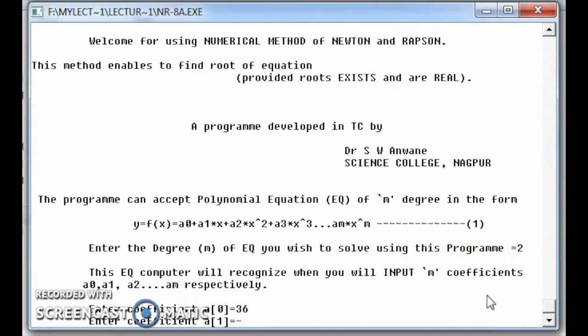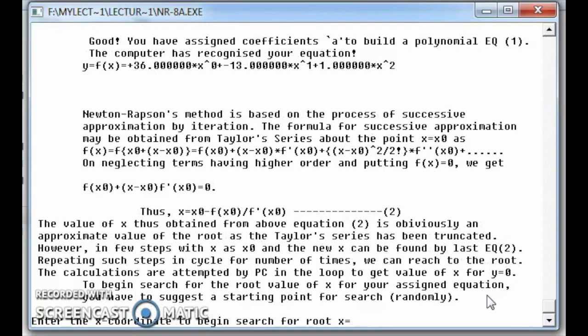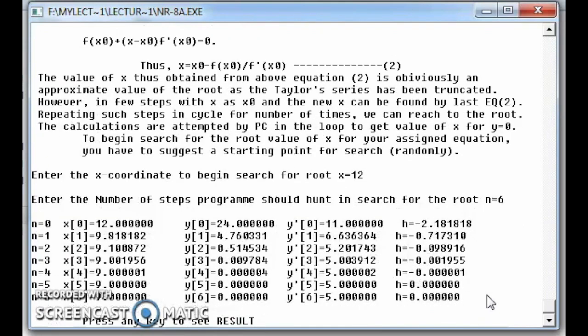A1 is minus 13. A2 is 1. And the arbitrary starting point is 12. And let us iterate some 6 number of steps. And here you can see that we roll from 12 to 9.8, 9.1, and finally you reach the perfect number.